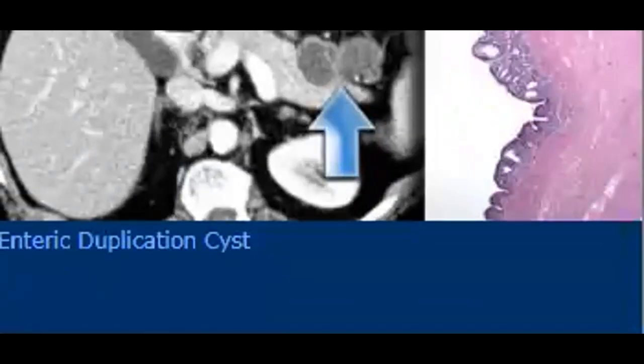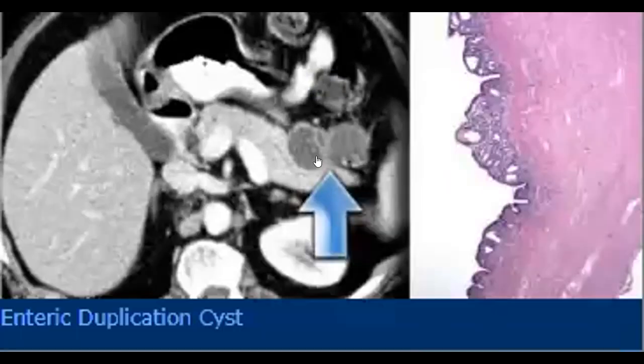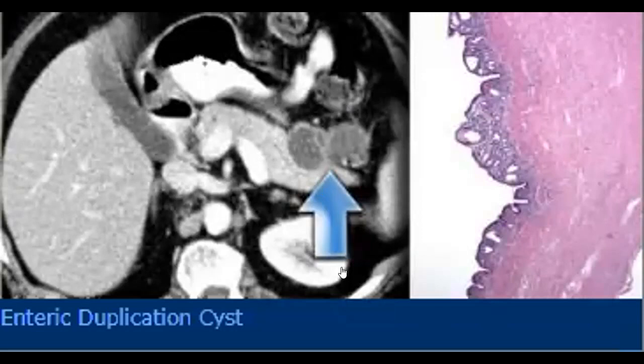And this one, when you find it linked to a bowel, you are thinking about, to be honest, in this case, look like more linked to the pancreas, but they mention if here linked to the transverse colon, so you are going to mention that it is enteric duplication cyst.